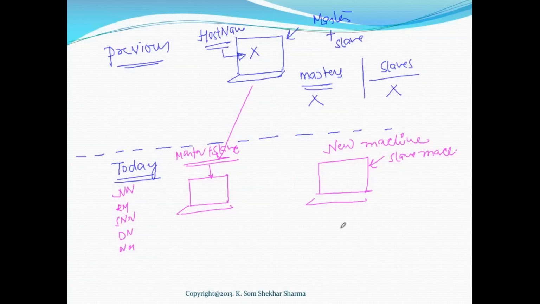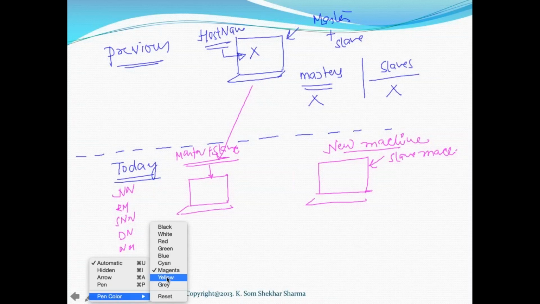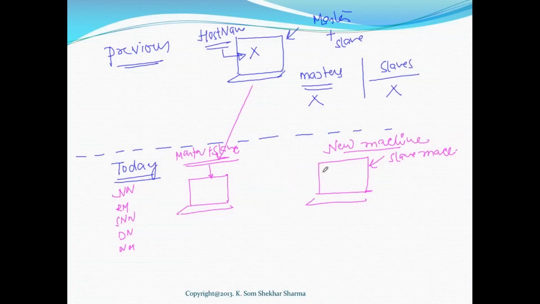Okay, so slave machine. If I make this machine as my slave machine, which all processes will it run? One is data node and the node manager. Now this data node should know who is master, right?